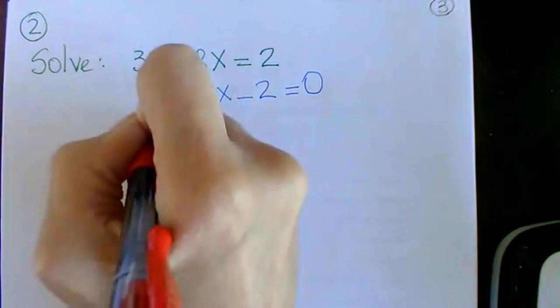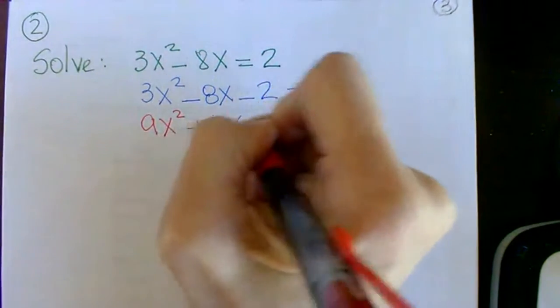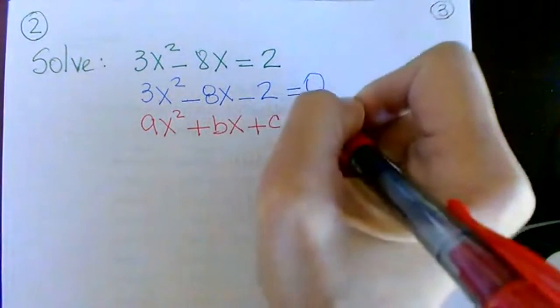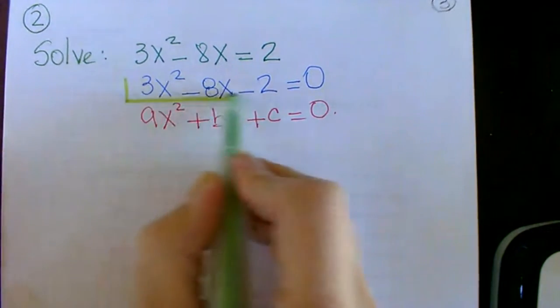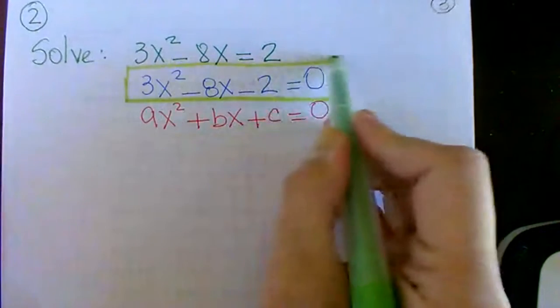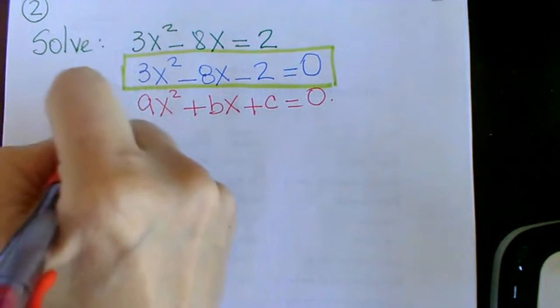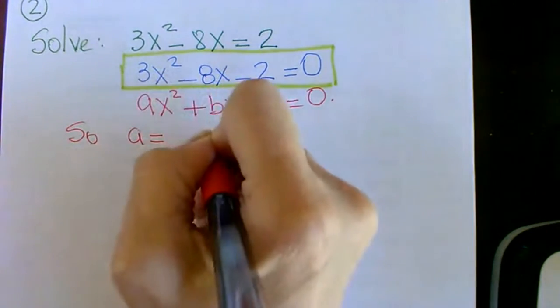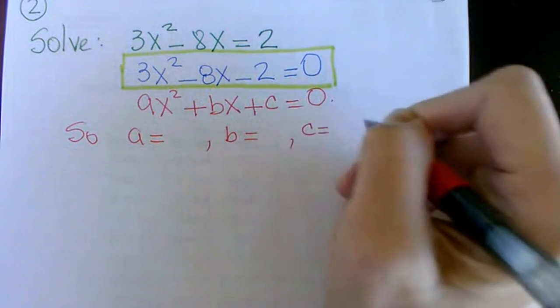Because it needs to look like this one, ax squared plus bx plus c, the standard form. Okay? It needs to be equal to 0. So go ahead. Don't forget to write down what the a is equal to, what the b is equal to, and the c.